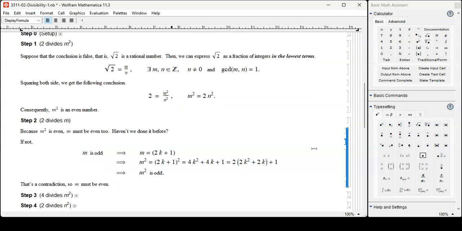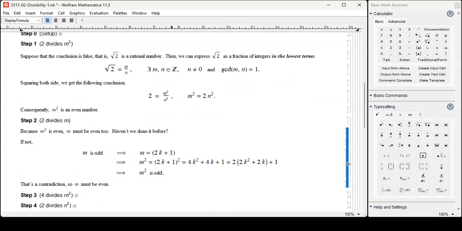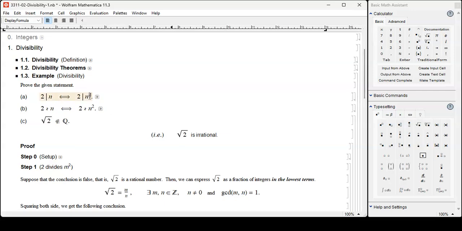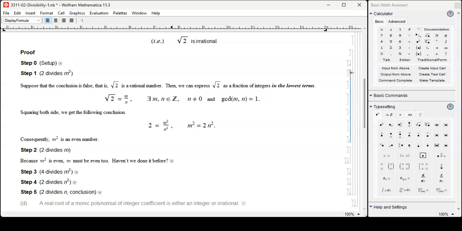Haven't you done it before? Yes, so m must be even too. Here I reproduced the proof, but I don't think that's necessary because we already did it. So m squared is even, so now m is even.